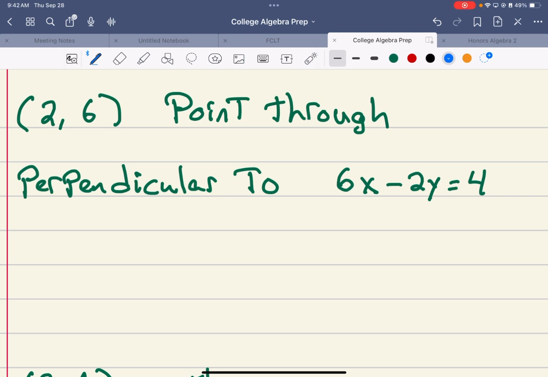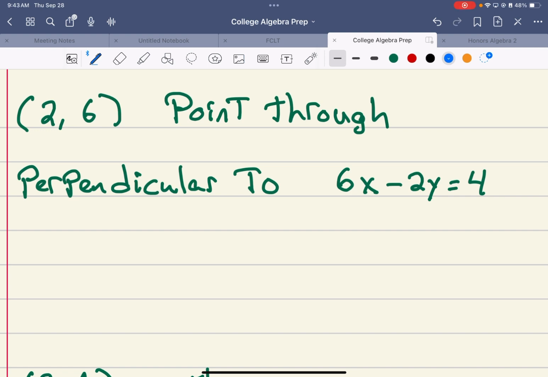So in order to do what perpendicular is, we need to know what the slopes are of two things that are perpendicular to each other. Two lines are perpendicular to each other mathematically if the product of their slopes is -1. In our world of talking math, if they're opposite reciprocals of each other.